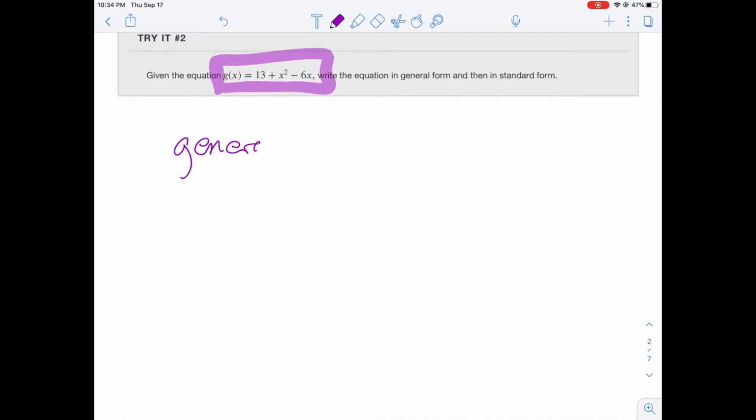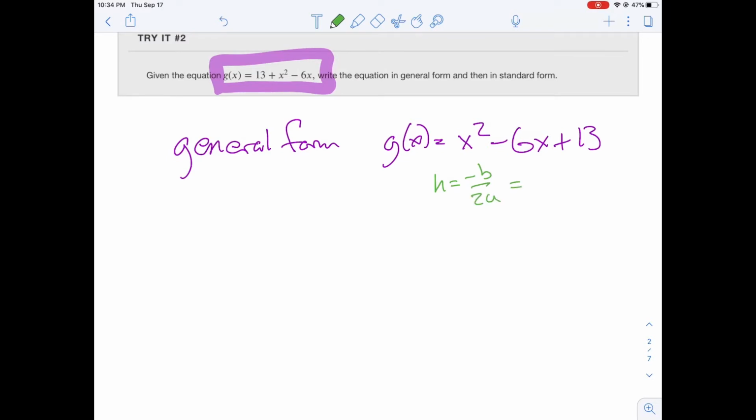For the general form, you always write the x squared term first, so g of x equals x squared minus 6x plus 13. From that equation, we can get that h equals negative b over 2a, which in our case is negative negative 6 over 2 times 1, which is 6 over 2, which is 3.